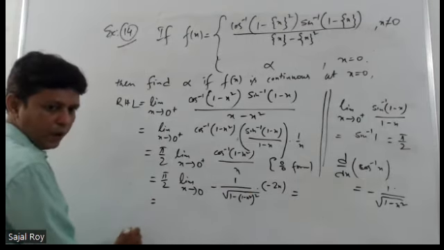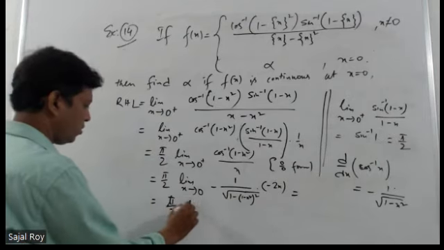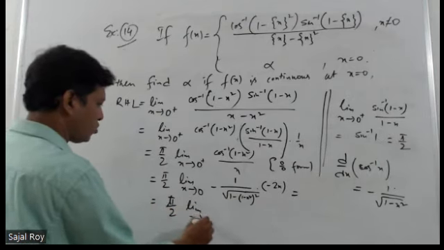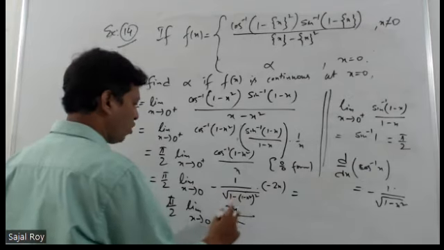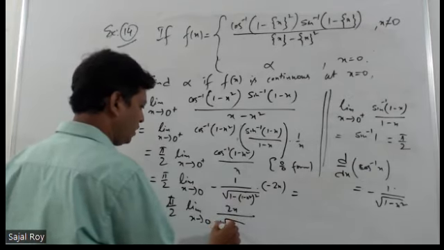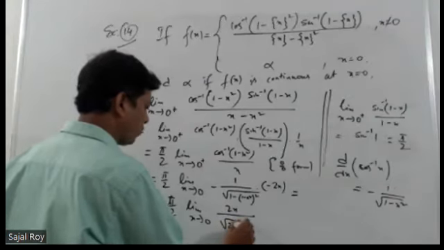Pi by 2, limit x tends to 0, 2x by 1 gone. It will be 2x square minus x to the power 4.